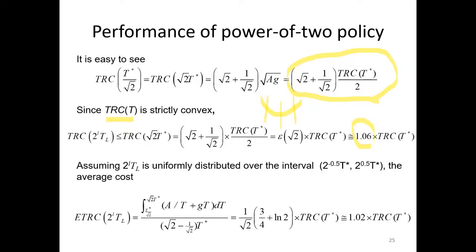When you apply the power of 2 policy and calculate the total relevant cost accordingly, you will see that on average, the deviation is going to be about 6% from the total relevant cost at the optimal value when you use T star.